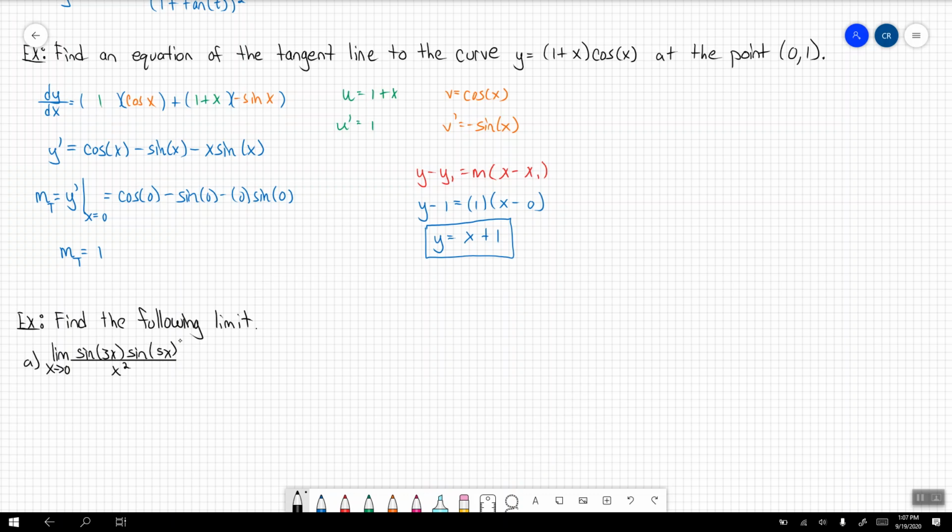When we have these trigonometric functions, you're going to see that a direct substitution is going to leave you with 0 over 0. So we can't do direct substitution. Direct substitution results in 0 divided by 0, which is indeterminate form.